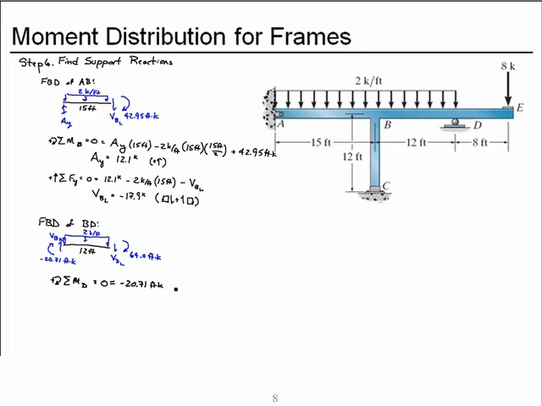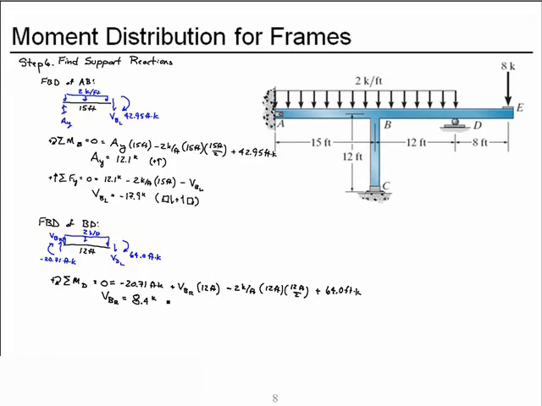I get a positive contribution from the unknown shear just to the right of B, acting through 12 feet, a negative contribution from the distributed load acting over 12 feet, and its resultant acting at 12 over 2 feet from B, and a positive contribution from the moment at D. I solve all of this for the shear just to the right of B, excuse me.